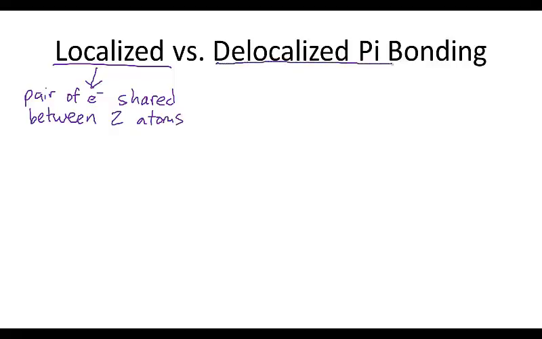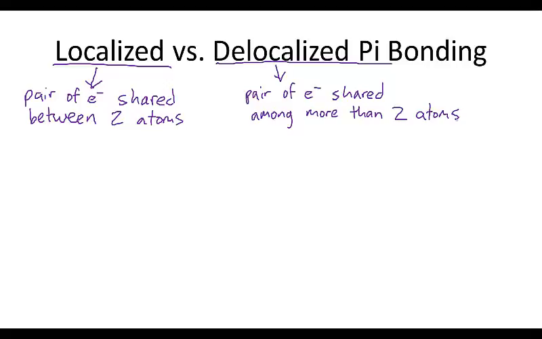And then a delocalized pi bond would be one pair of electrons shared among more than two. So the way this works in a molecule like ozone, pi bonding happens when p orbitals on neighboring atoms line up parallel to each other.